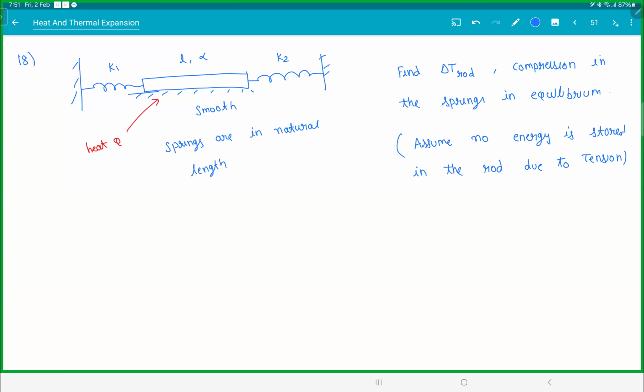This is how you can combine mechanics with calorimetry with thermal expansion.